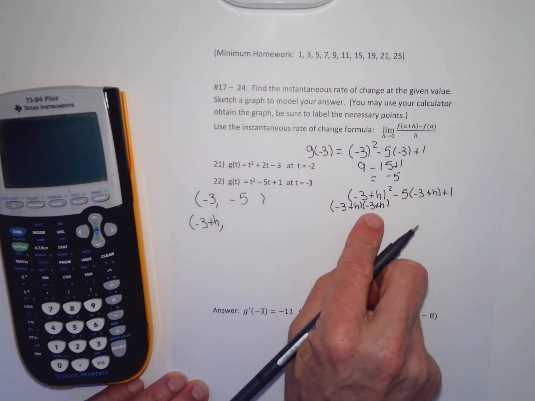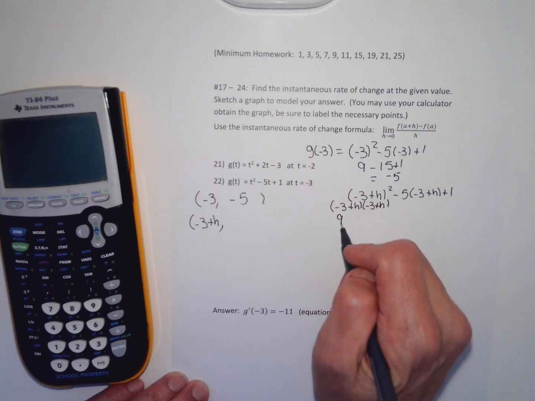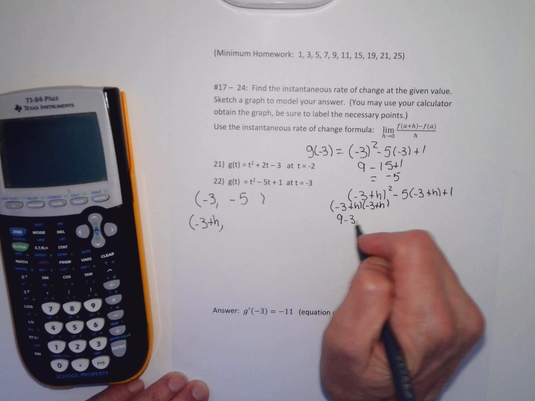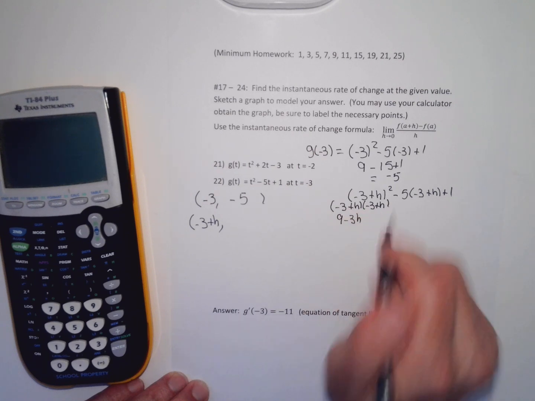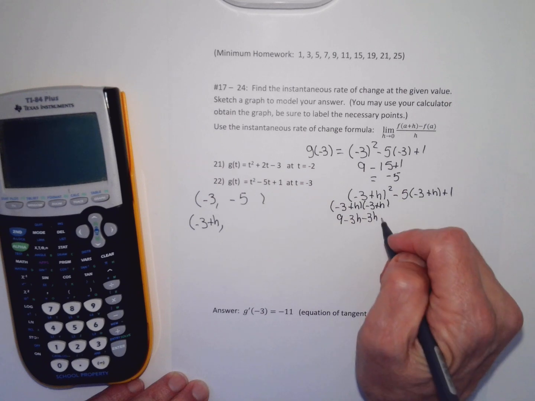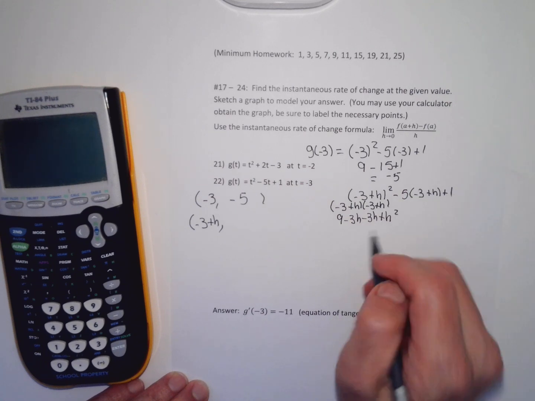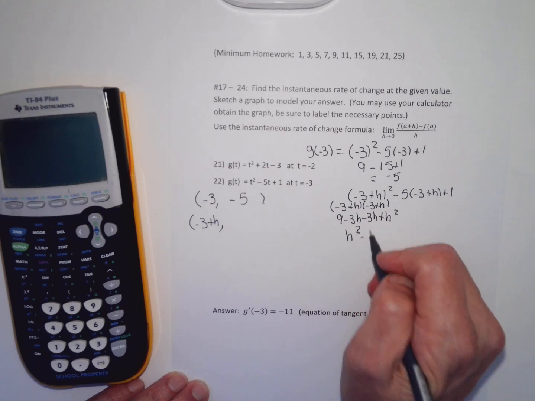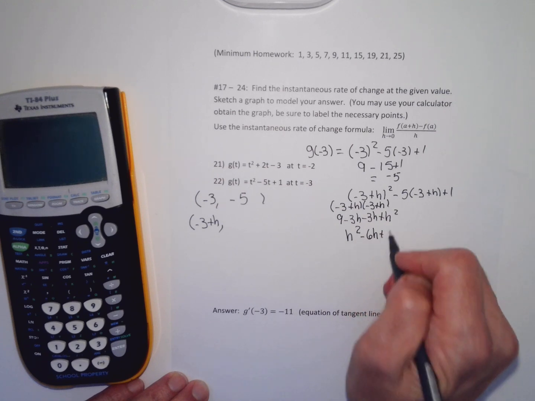Firsts: negative 3 times negative 3 is positive 9. Outers: negative 3 times h, negative 3h. Inners: h times negative 3, negative 3h. Last: h times h, h squared. So this parentheses comes out to be h squared minus 6h plus 9.